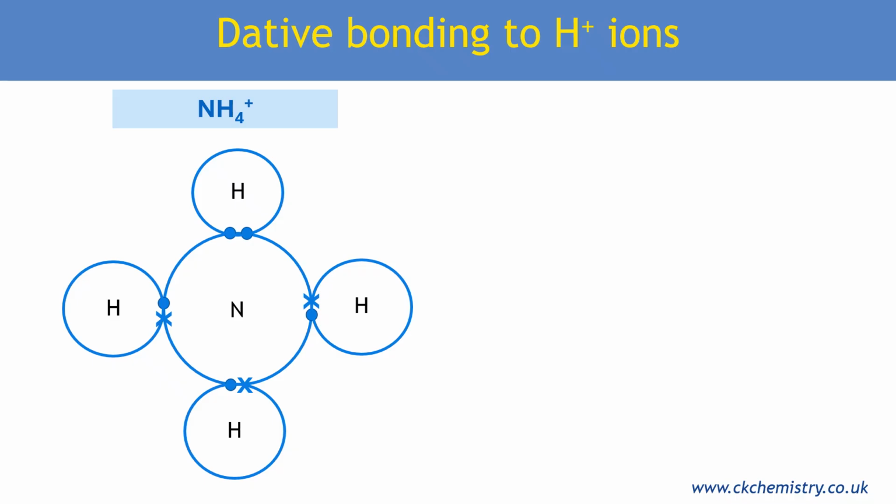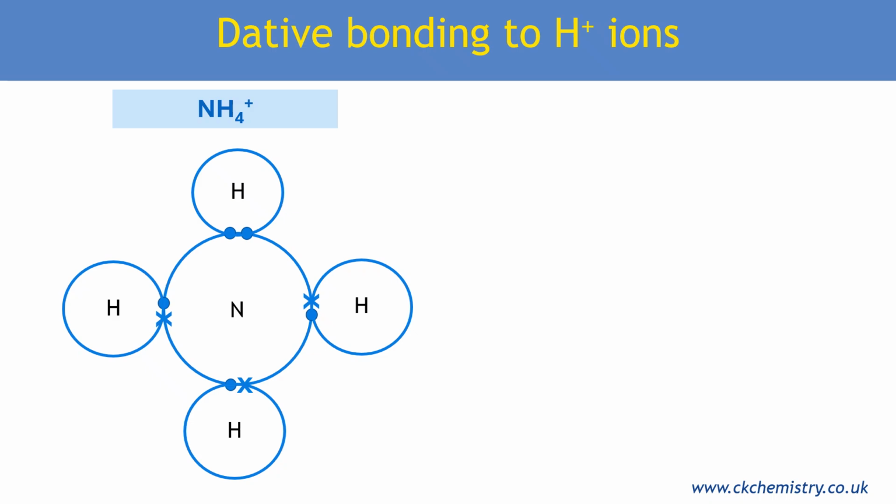So there is my dot and cross diagram, and you can see that 3 of the bonds are normal dot and cross formed by 1 electron from each atom, and then the 4th bond is a dative because it's showing the lone pair, and so both of those electrons came from the nitrogen.